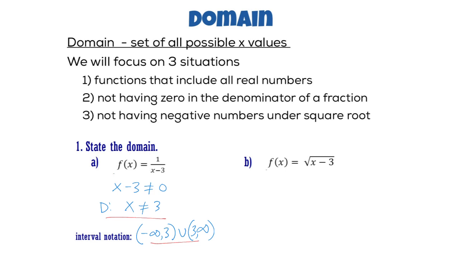Okay, let's look at B. This one, we have the radical. And so what you do not want to have happen is you do not want to have that be a negative number. So what we can do, again, you might be able to do it in your head. If not, you set up a little inequality. X minus 3 needs to be greater than or equal to 0, it's okay for it to be a 0. Add the 3, so you're saying X has to be greater than or equal to, I'm sorry, not 0, greater than or equal to 3.